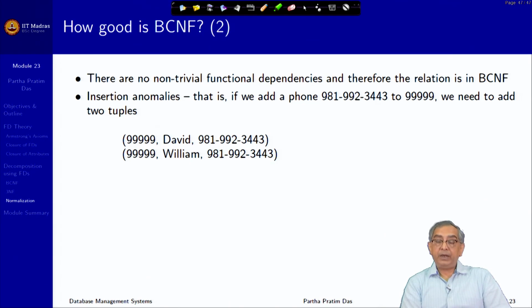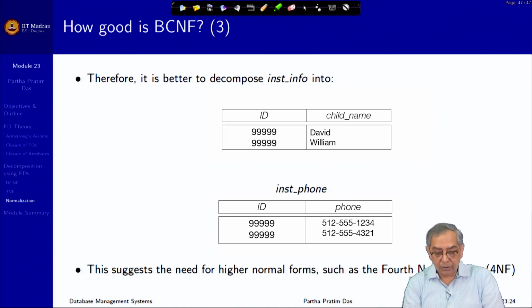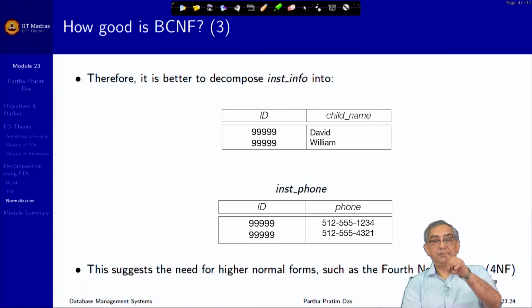Now, there could be insertion anomalies, because if we have to add a phone number, then we need to add two tuples, because the instructor has two kids, something even conceptually funny, or if you need to do an update, you need to do it twice and so on, a bad situation. So, we need to decompose this, and functional dependency is not telling us to decompose, mind you.